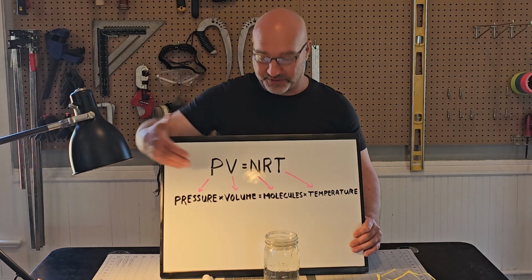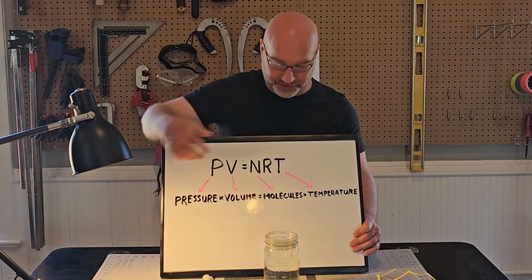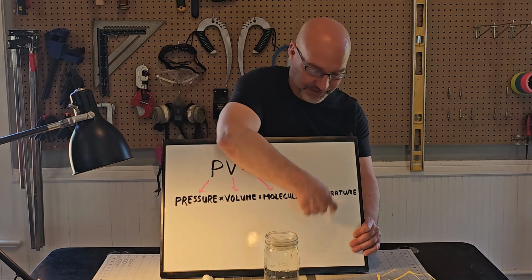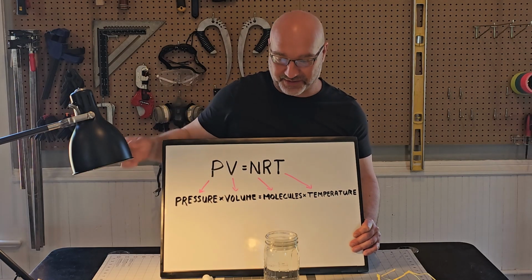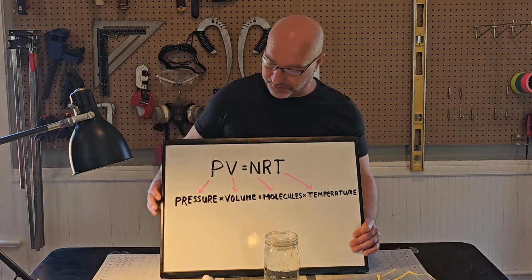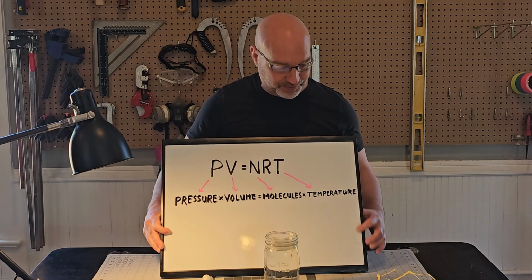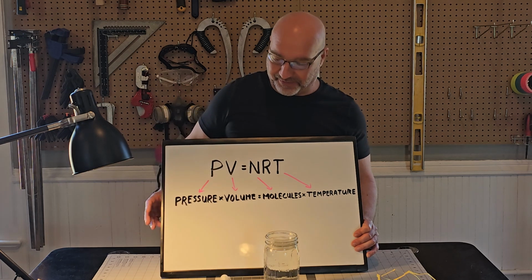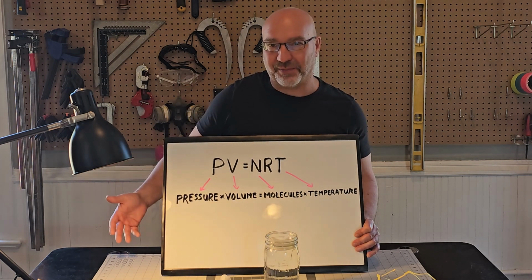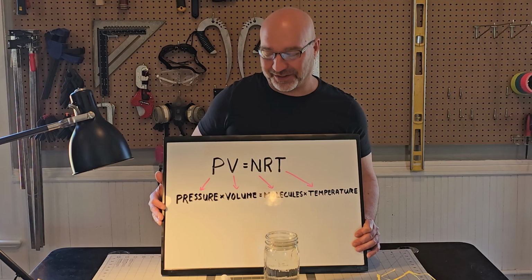So we have to balance this side with that side. If this goes down, this has to go down. And since you can't change the number of molecules, that's set, and you can't change the volume, as the pressure goes down, the temperature goes down. So we find that water will boil actually at lower temperatures than it does at sea level.